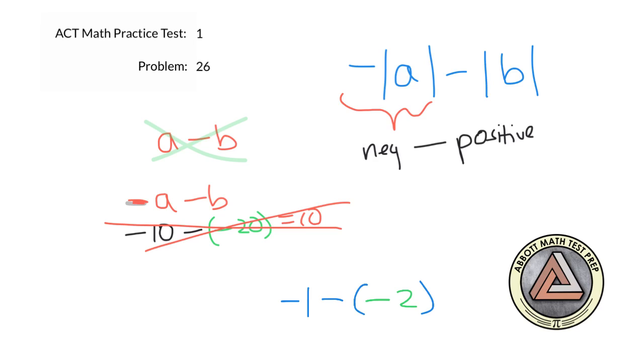Well, that turns out to just be adding, doesn't it? So when you subtract a negative number, it turns out to just be adding. But when you subtract a positive number, that's just subtraction, right? Imagine negative 1 minus positive 3. Well, that's just negative 1 minus 3.